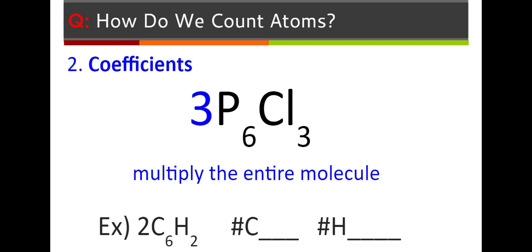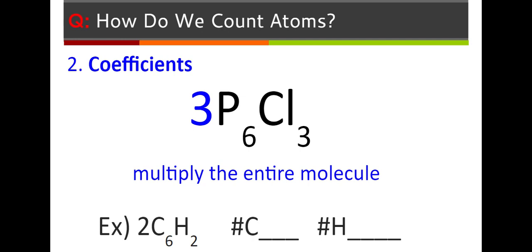Okay, so let's try with the carbon hydroxide, which is down here at the bottom. How much carbon do I have, and how much hydrogen do I have? Perfect.